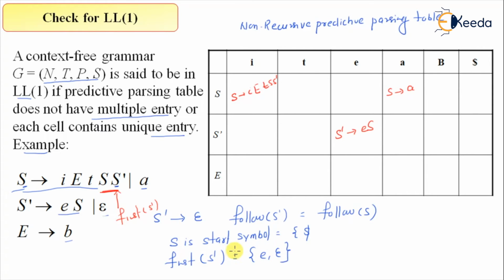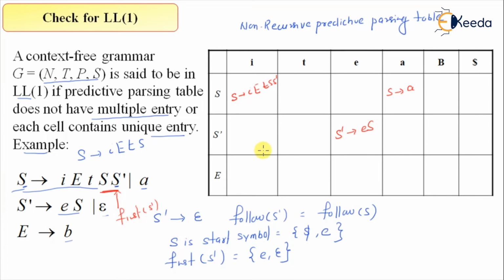Follow doesn't include epsilon, so I'll just include e over here. If it is epsilon, then follow of S becomes follow of S', so we can't add anything new. So follow is $ and e. Just convince yourself that it is $ and e.